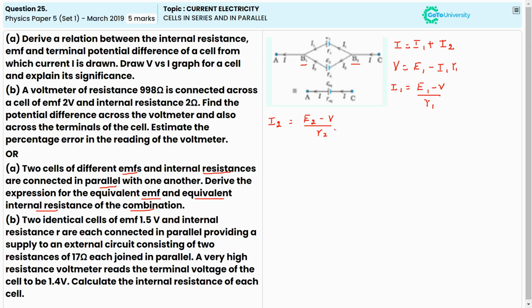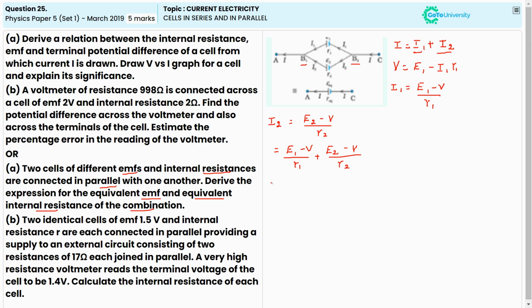Then if you simplify, I is equal to I1 plus I2, and I get E1 minus V divided by R1 plus E2 minus V divided by R2.